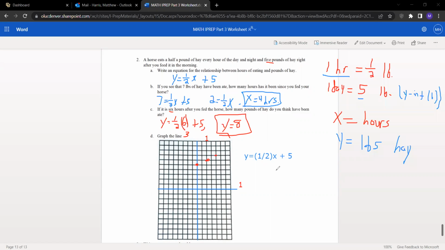Or if you're going to do it the other way, we can always plug stuff in. Let's say 4. What's 1/2 of 4? 2. Plus 5 equals 7. So we could do 1, 2, 3, 4, then 1, 2, 3, 4, 5, 6, 7. Look at that. Now all I got to do is connect our lines.